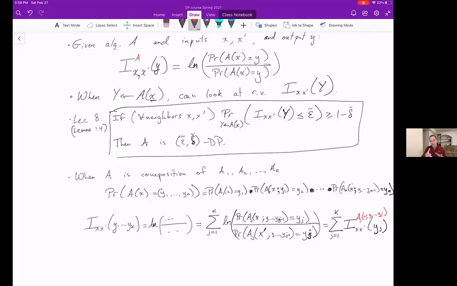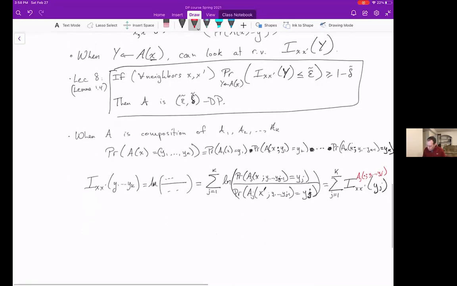Even though Aj is being selected adaptively, because the numerator and denominator use the same sequence of outputs, we're still looking at the behavior of the same algorithm Aj in both. The Y values used to select Aj are the same above and below.